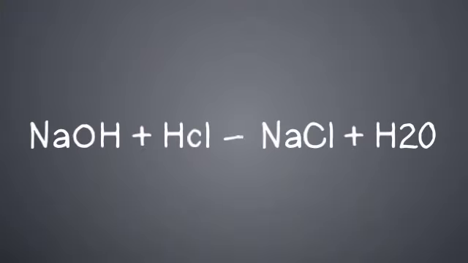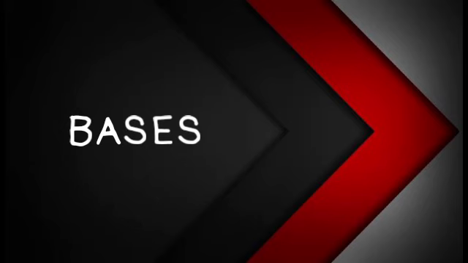An example is NaOH plus hydrochloric acid HCl gives us sodium chloride and water. For example, NaOH plus HCl, we get NaCl plus H2O. This reaction is called a neutralization reaction because acid reacts with base and gives salt and water. So these were the properties of acids.